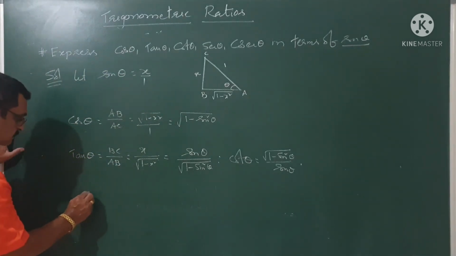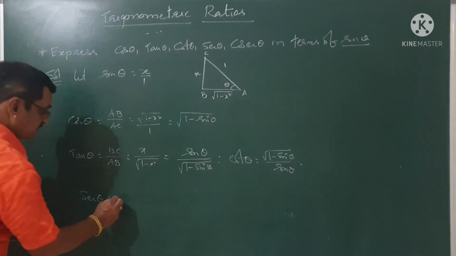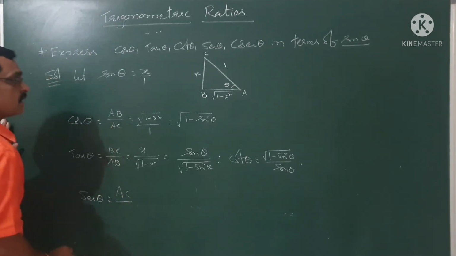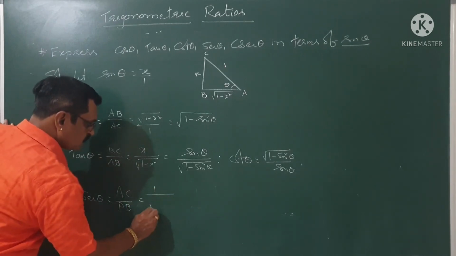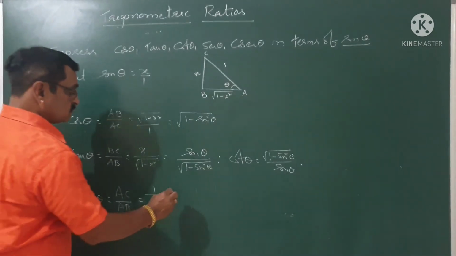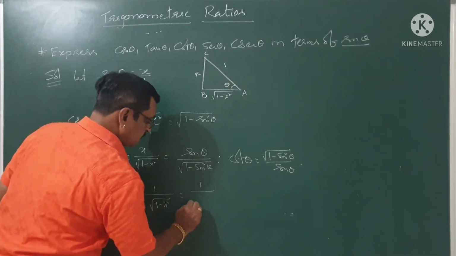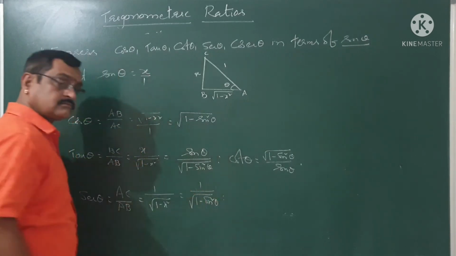Then secant theta. Secant theta is AC over AB. AC is 1, so it is 1 over the square root of 1 minus x square, which is 1 over the square root of 1 minus sin square theta.